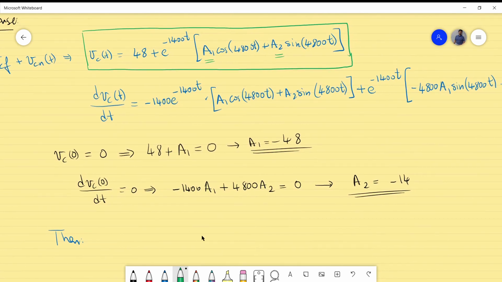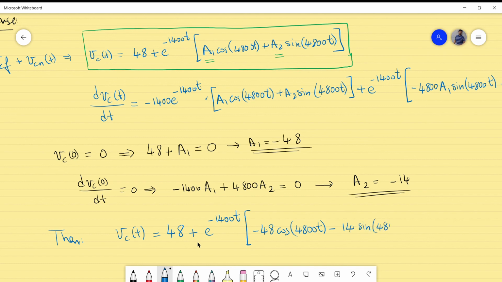So I'm done. I can say in blue: Vc is equal to 48 plus e to the power minus 1400t, times minus 48 cosine 4800t minus 14 sine 4800t, and this is in volts and valid for time larger than 0.